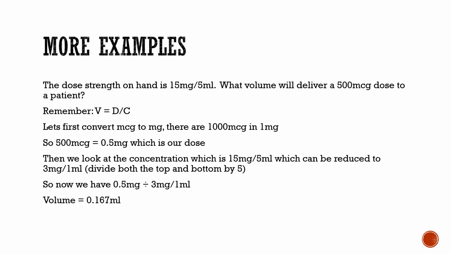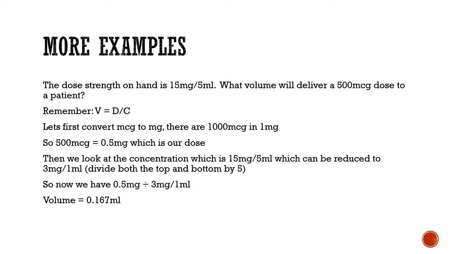What volume, rather, so we're looking for volume, will deliver a 500 microgram, okay, so that's not a typo, mcg, dose to a patient? What volume then will deliver a 500 microgram dose to a patient?